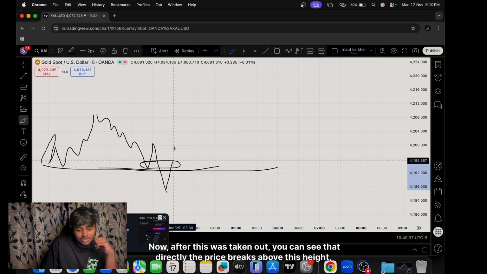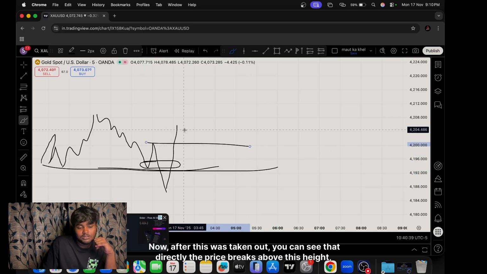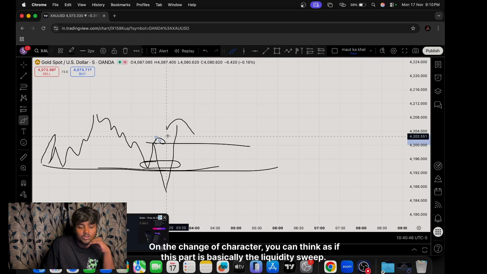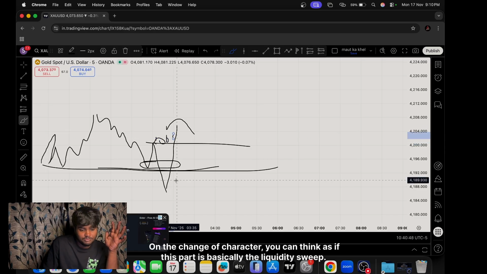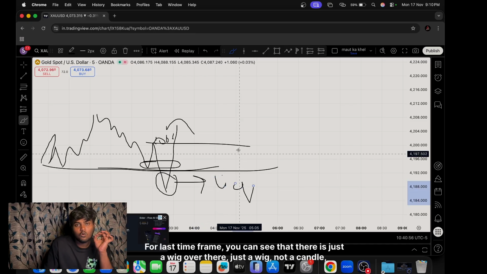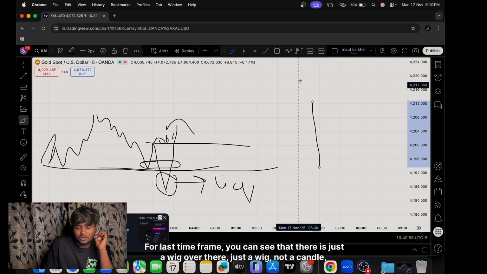After this was taken out, you can see the price directly breaks above this high. That is basically the break of structure, or the change of character. You can think of this part as the liquidity sweep. On the larger time frame, you can see there is just a wick over there, just a wick, not a candle.